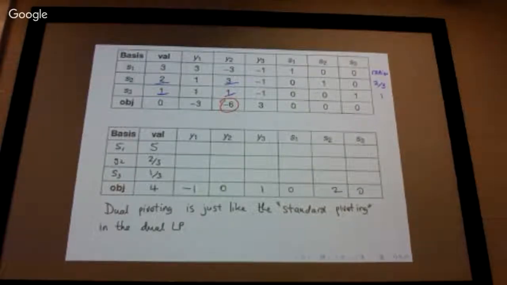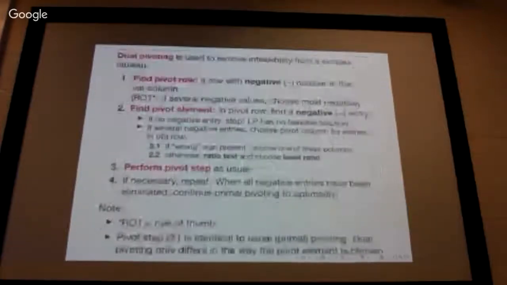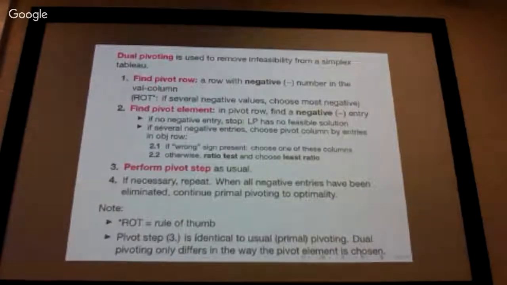But then there are situations where you don't get either. So you might have some negative numbers in the val, and you might have some wrong signs in the objective row. And then it's not really dual pivoting. But what you can do is, I'll just change to the next slide, which gives a summary of dual pivoting.